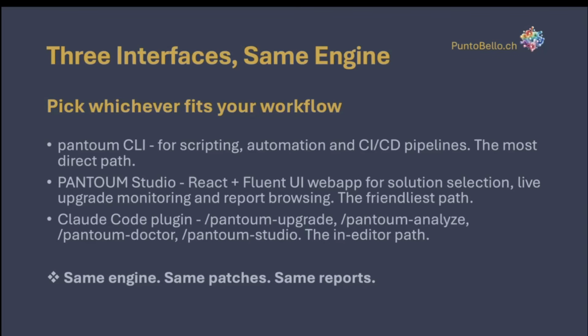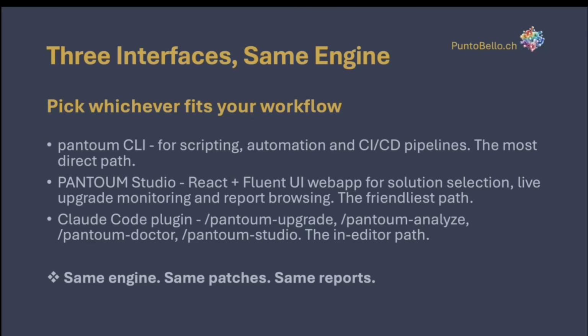That's basically a React Fluent UI web app where you can select a solution, you can configure the whole engine, and you have live upgrade monitoring. This is probably the friendliest path and also the most impressive because you see how Pantoum is upgrading your solution live.